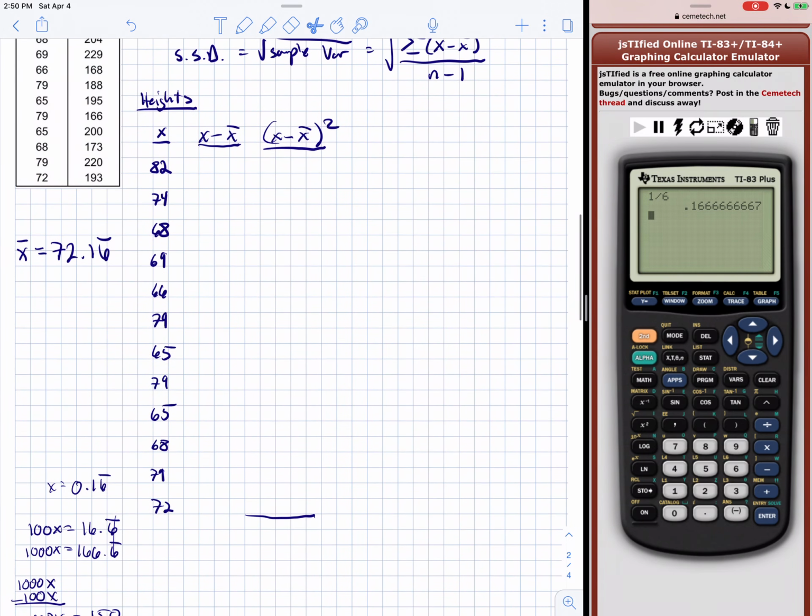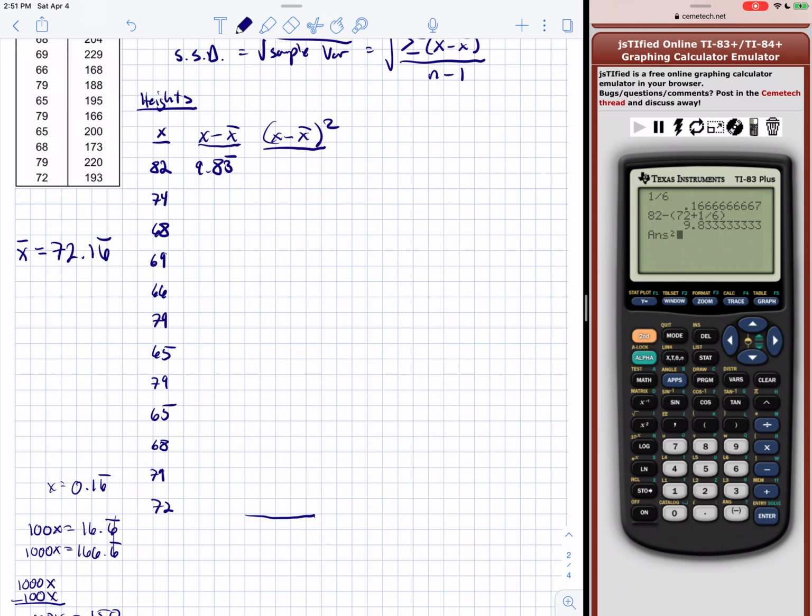Okay. So let's say 82 minus, let me see, 72 plus 1 over 6. 9.83 bar.